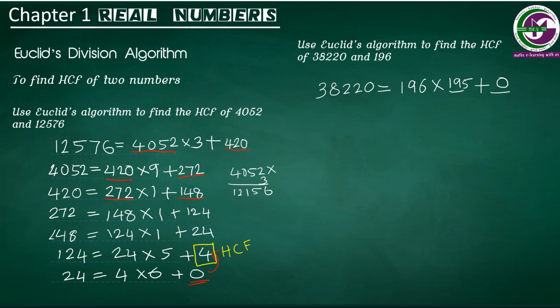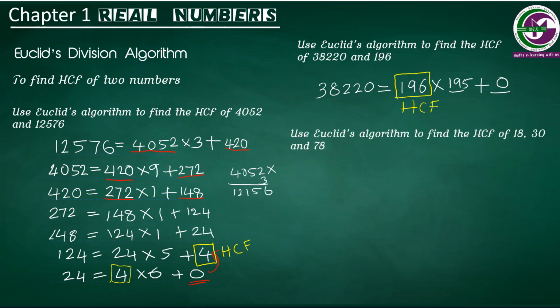Actually, the divisor is the previous remainder. So here there is no previous line, so the divisor is the HCF of the given numbers. So what is HCF? HCF is 196. Okay.